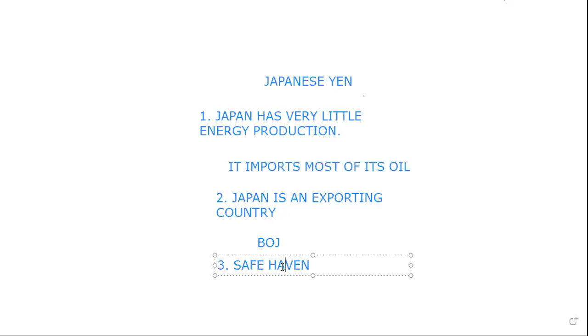So whenever there's instability, people will naturally go to Japan to get some funds or to hide their money there. Okay, so that is it. So Japan, two things majorly. Number one, oil price. When there's a rise in oil price, the Japanese yen or the Japanese economy will drop. And then number two, when there is political instability in any country, the Japanese yen will rise. So take note of that.